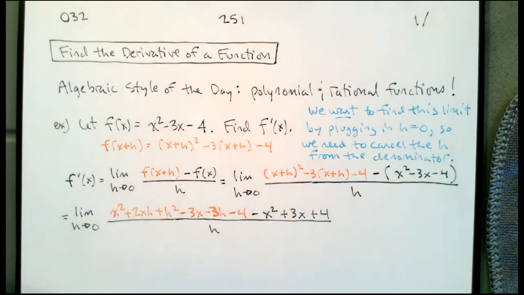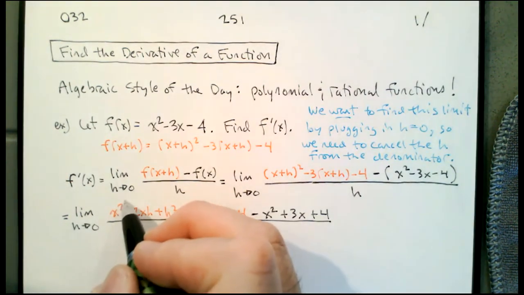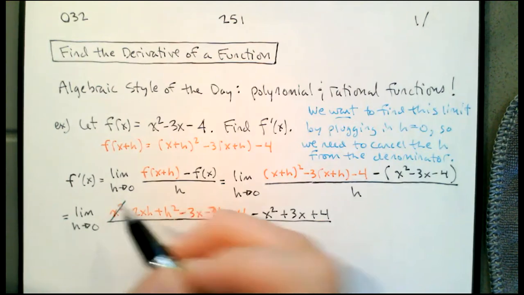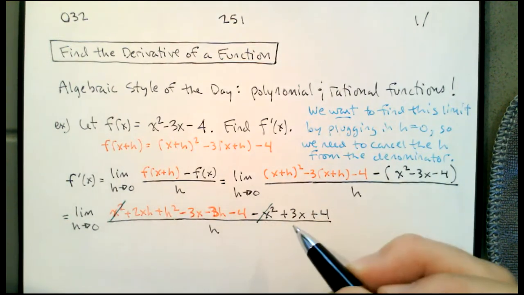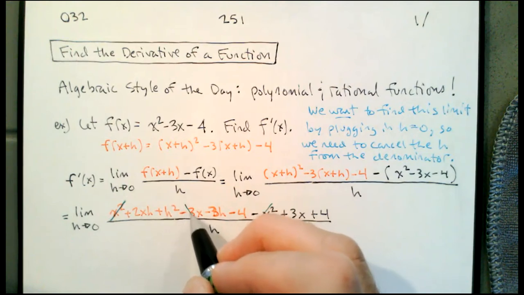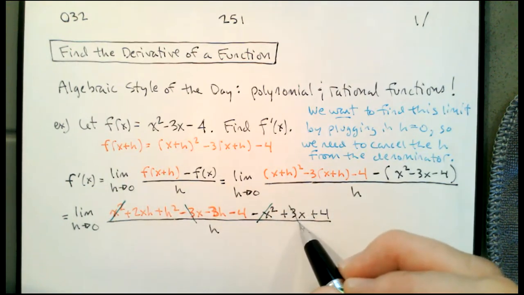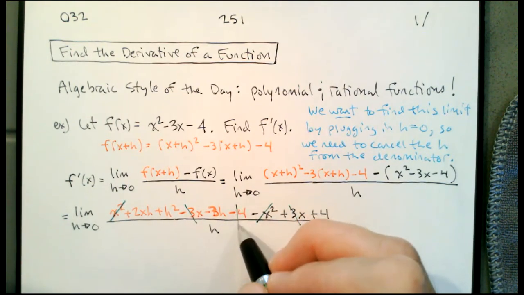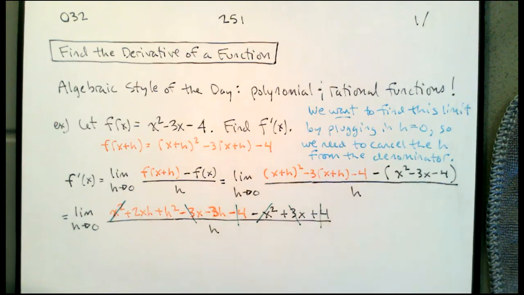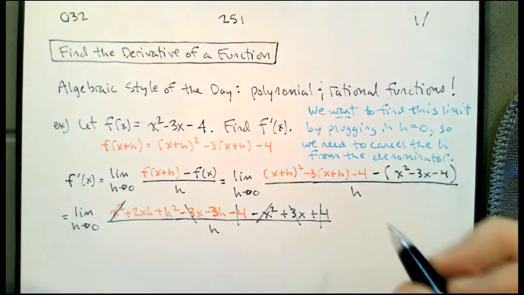The reason that polynomial and rational functions are going to be simple is that everything that does not have an h in it cancels out. So notice that we can cancel out x squared minus x squared. We have a minus 3x, cancels with a plus 3x, and then a minus 4 cancels with a plus 4. Everything that doesn't have an h cancels out.